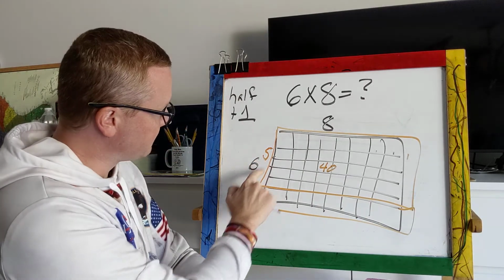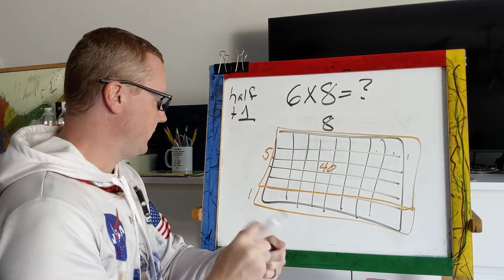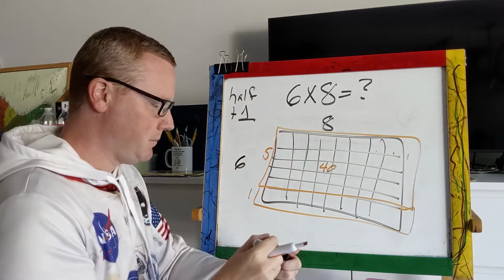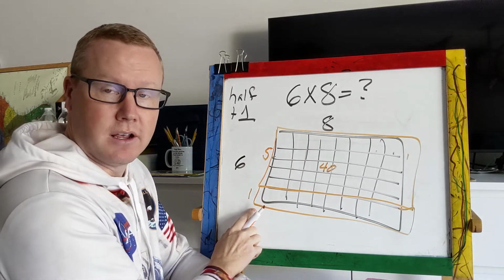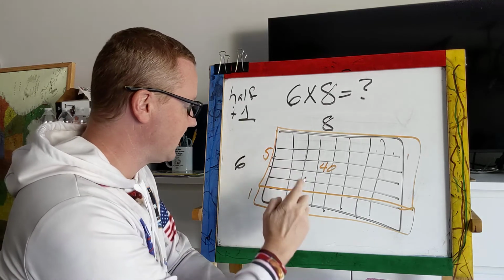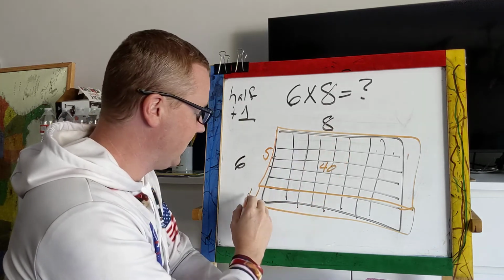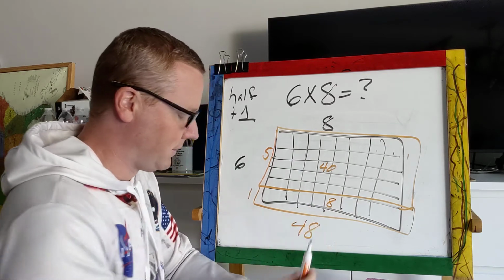Here you can see in my ratio table, just like we were doing yesterday, I'm going to write that a little bit further out so we can see. I broke up 6 into 5 and 1. Those are those hidden arrays that we saw. So now I can multiply that a lot easier. I know that 5 times 8 is 40, and 1 times 8 is 8, and then you just add those up.